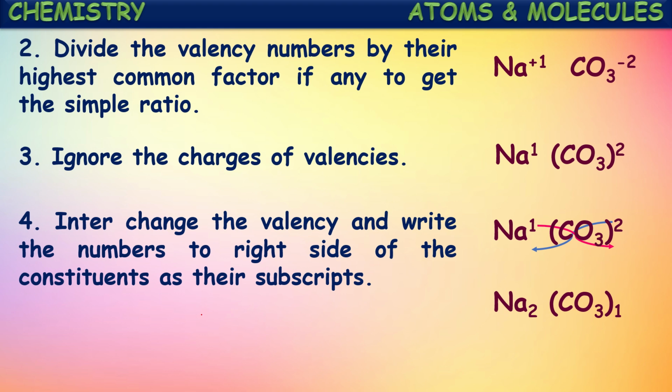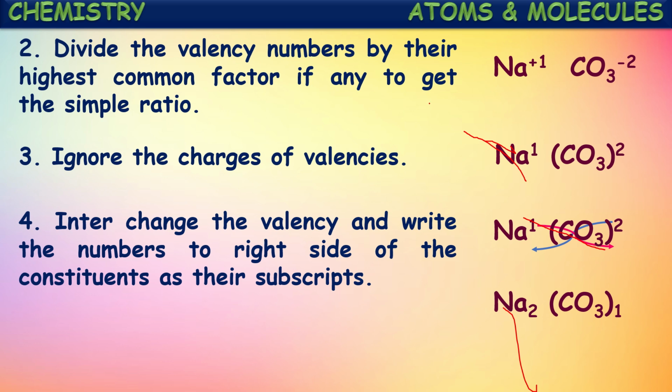Then, in the next step, we interchange the charge numbers. The carbonate ion is carrying the charge number 2, which moves to the sodium, and the sodium ion is carrying the charge number 1, which is interchanged towards the carbonate, to the right bottom of the symbol of the element or ion.